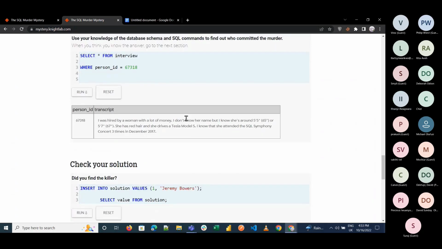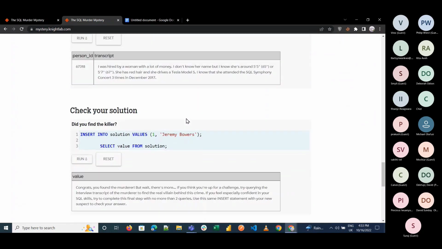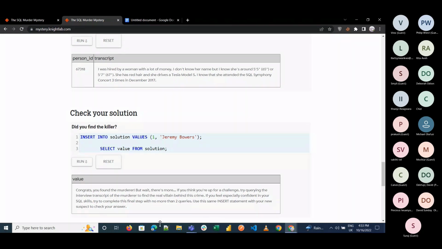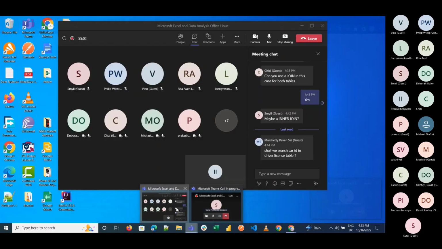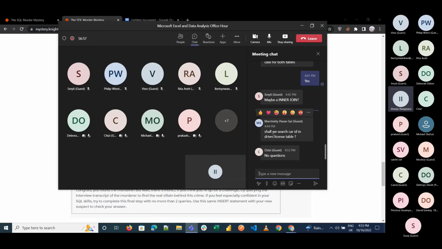Okay, so we know who hired the murderer now. So any questions? Yeah. Shall we share the car ID number?